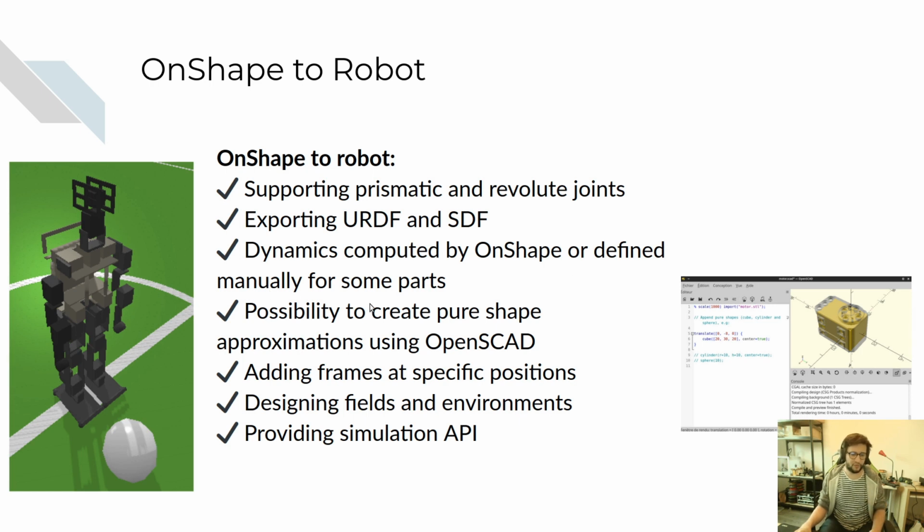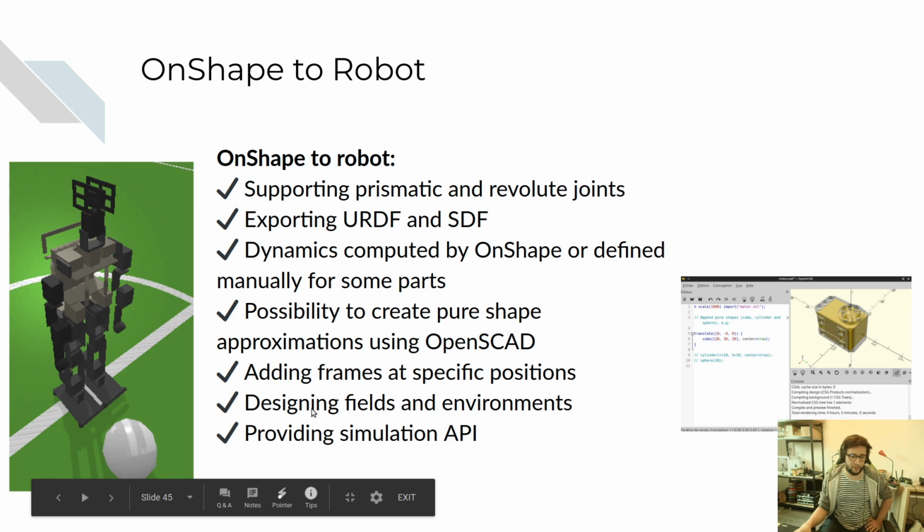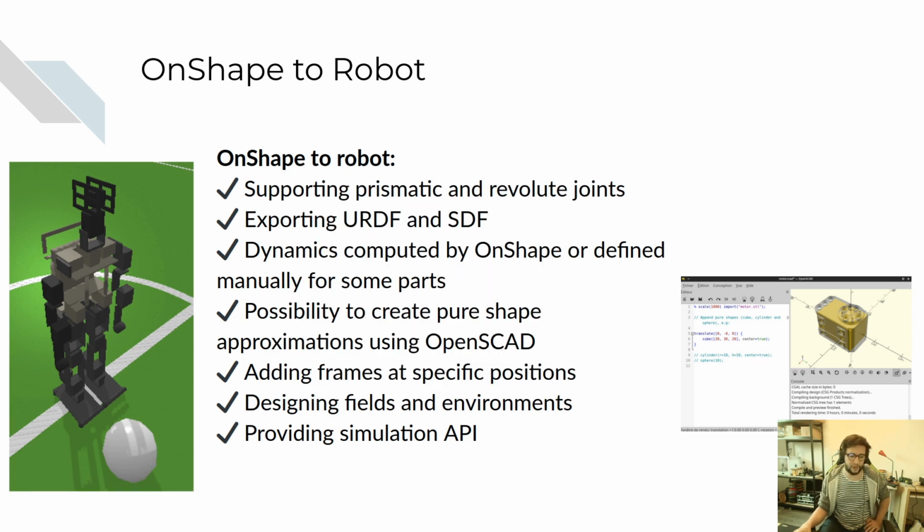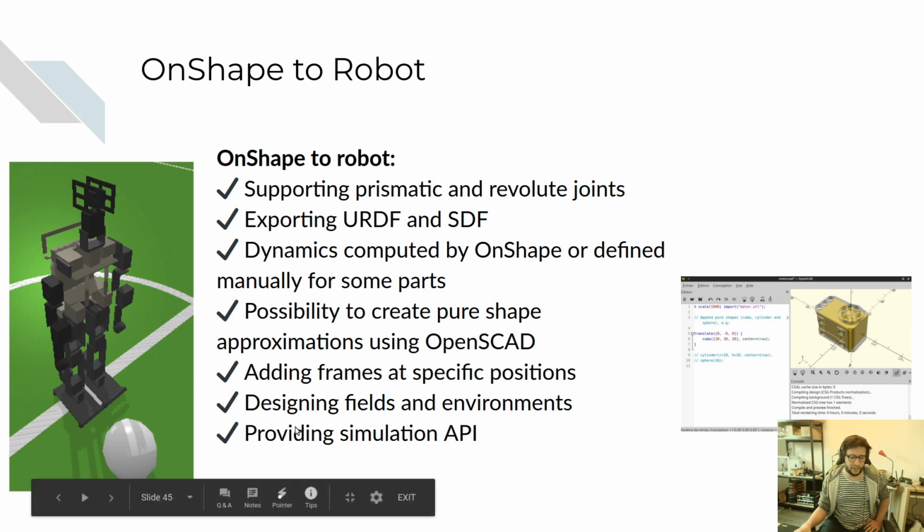There is a possibility to create pure shape approximation, especially using OpenSCAD, but also some advanced techniques that we will discuss at the end of this video. And you can add frames at specific positions of your robots that you can query later. Also, you can use onshape-to-robot to design fields and environments, not only robots. You can use it, for example, to create the RoboCup soccer field. And also there is some simulation API you can use if you want to play with PyBullet.